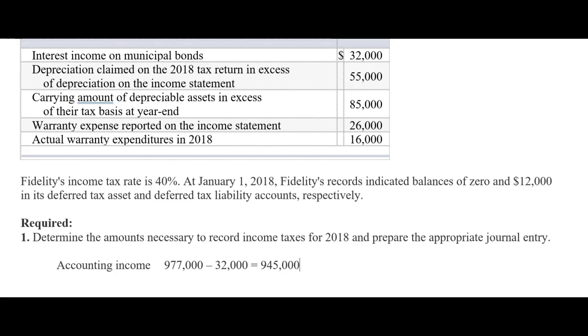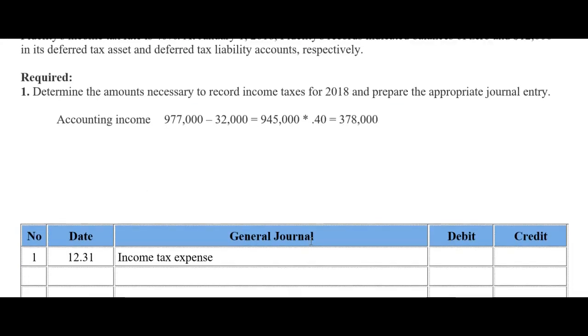So that would be our income before tax on the income statement. We multiply that by our rate of 40%, and that brings us to a total of $378,000 in income taxes. So that's the expense we're going to report on our income statement, $378,000.